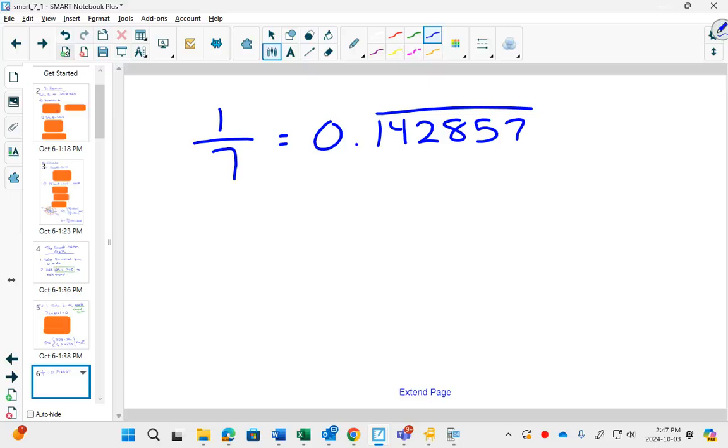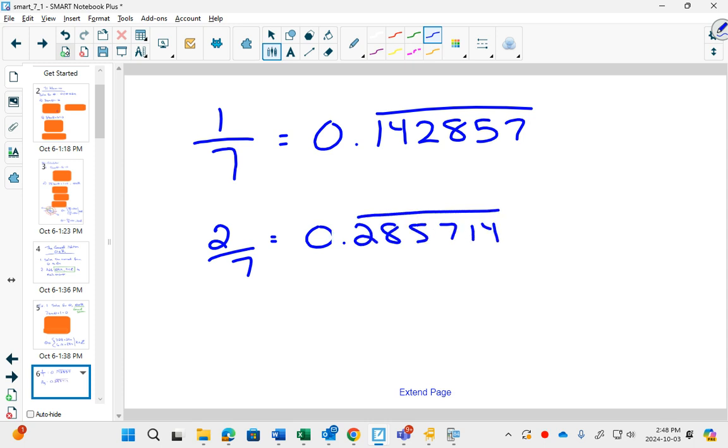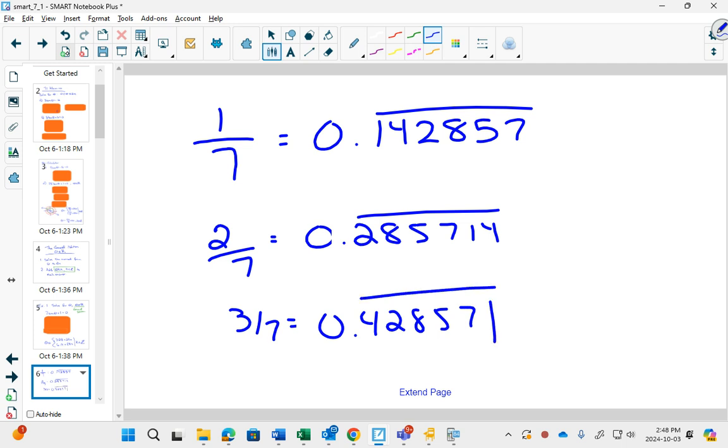But what's also really cool about sevenths is you can do any seventh and see if you can see the pattern. 2/7 happens to be 0.285714 repeated. I think I'm seeing that pattern. 3/7 happens to be 0.428571 repeated.